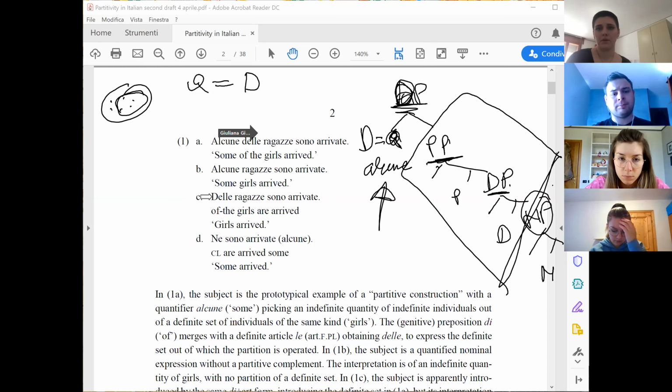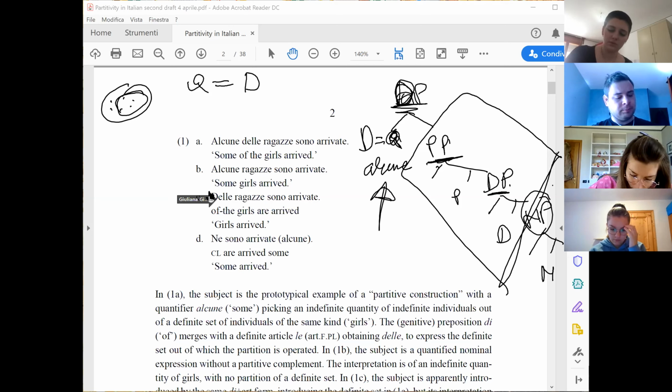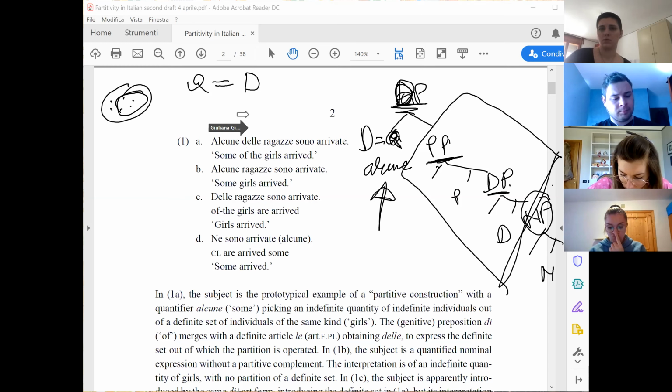So delle in 1C has somehow an indefinite meaning, okay? And it is diachronically proved that it derives from the partitive meaning that we find in this PP here, okay?